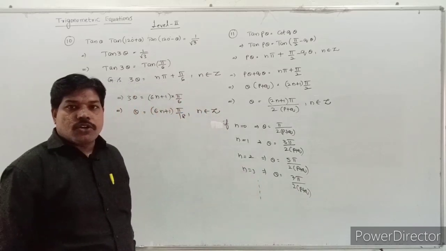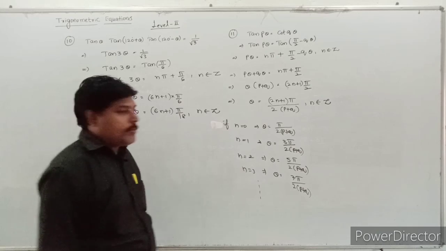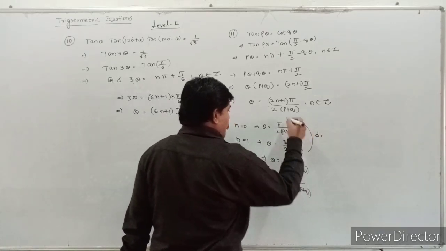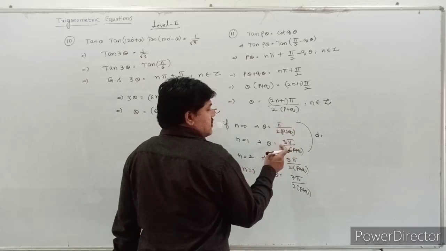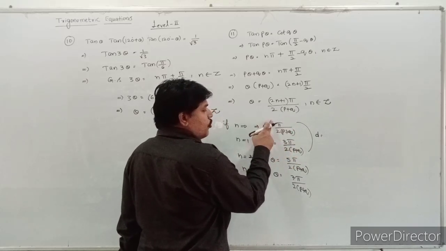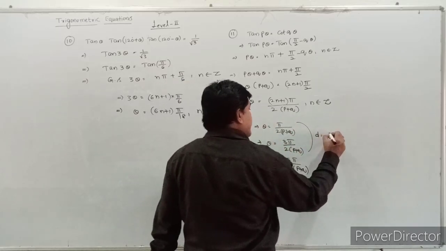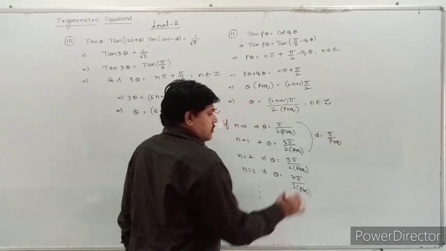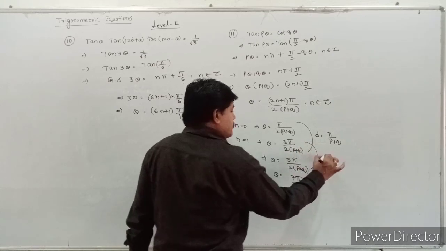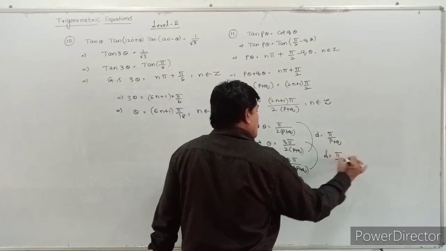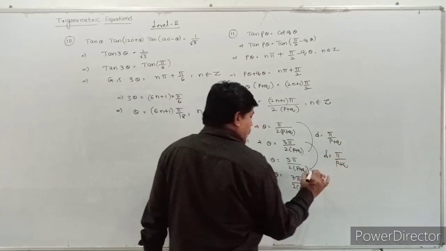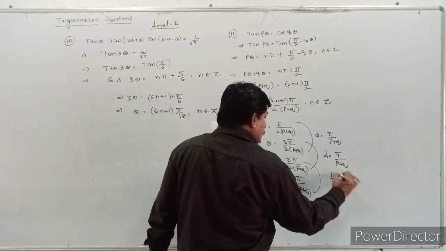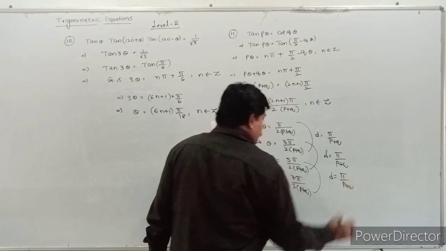Is the common difference the same, yes or no? The common difference d is 3 pi minus pi, which is 2 pi by 2 into (p plus q). So d is equal to pi by (p plus q). The common difference of the next two terms is also d equal to pi by (p plus q).